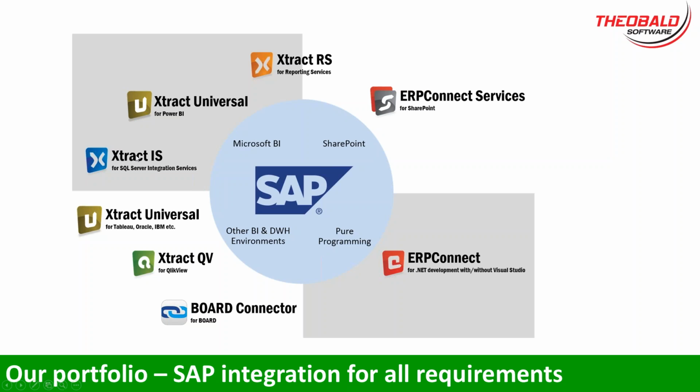So for example, Extract IS is for SAP integration with SQL Server Integration Services, and the product above, Extract Universal, that's what we talk about in this session, is a universal tool for connecting SAP with different destinations, for example, databases, reporting environments, and what's interesting for this session today, we can also write data from SAP with Extract Universal into SharePoint custom lists for SharePoint on-premise and SharePoint Online.